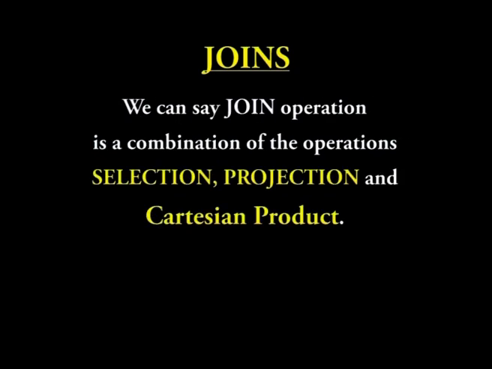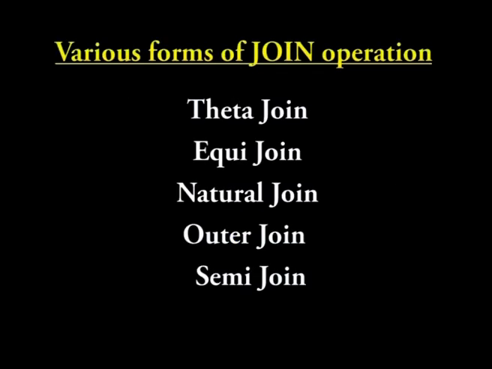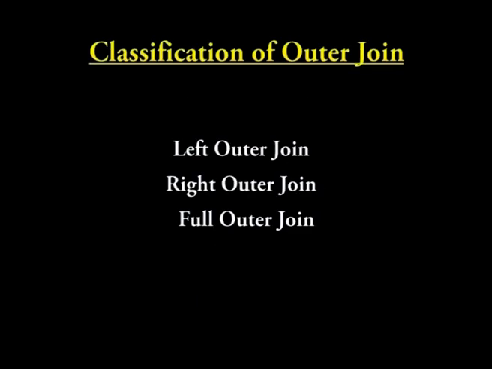We can say join operation is a combination of selection, projection and Cartesian product. There are various forms of join operation such as theta join, equi-join, natural join, outer join and semi-join. The outer join operation is further classified into left outer join, right outer join and full outer join. Let us continue our discussion one by one.